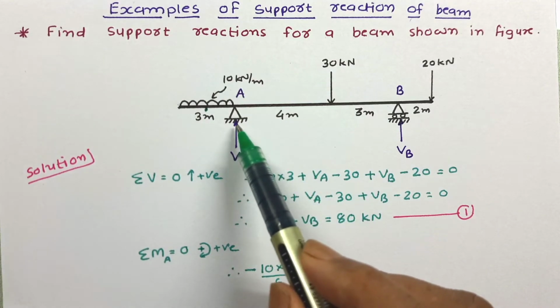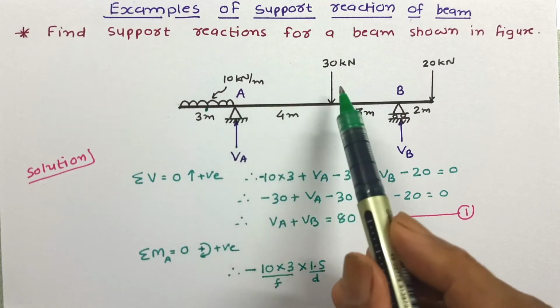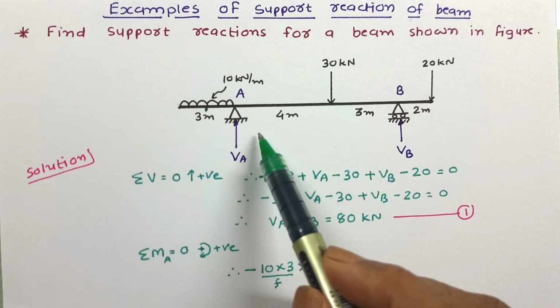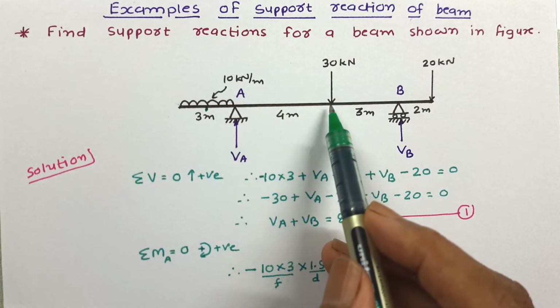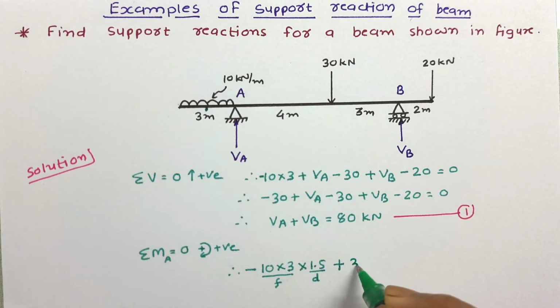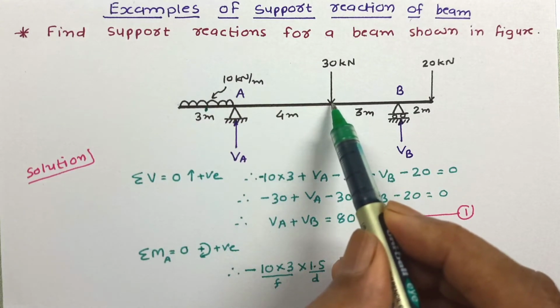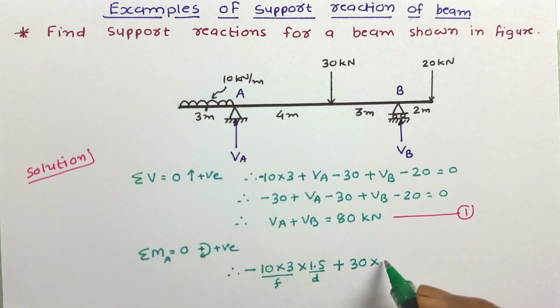Now VA could not create any moment at point A, so it will be 0. Moment due to 30 kilonewton force will be in clockwise direction, so put positive sign. Force is 30 kilonewton and the distance between line of action of 30 and point A is 4 meter, as we can see, so multiply with 4.